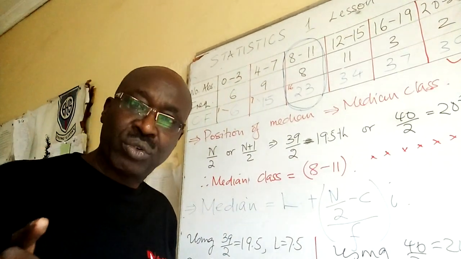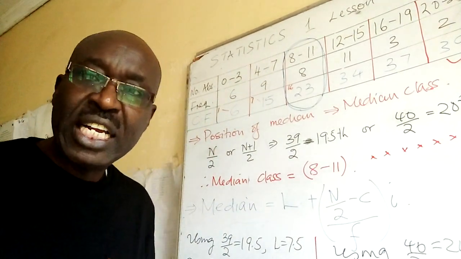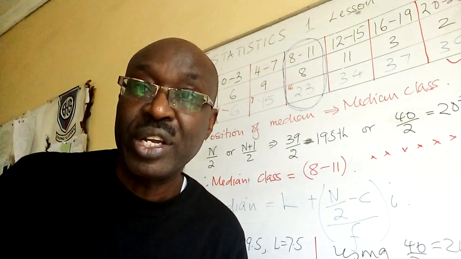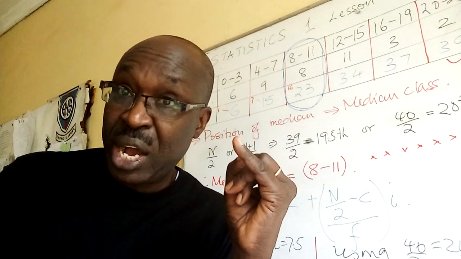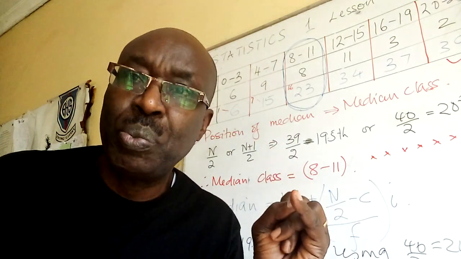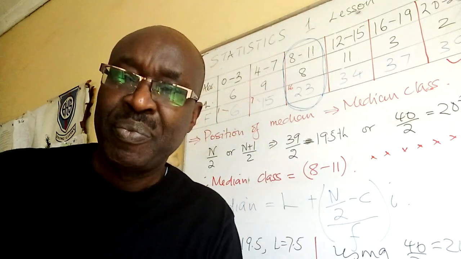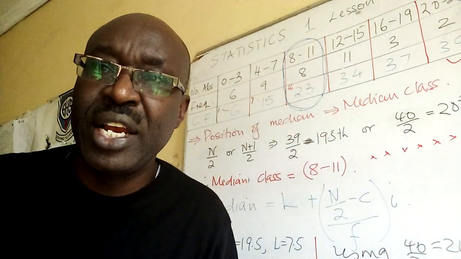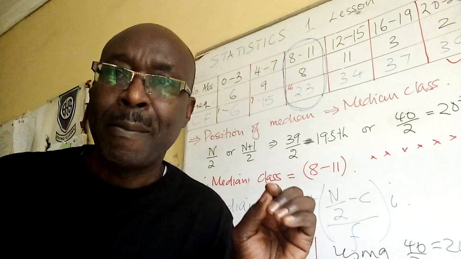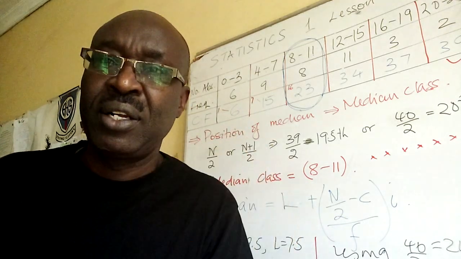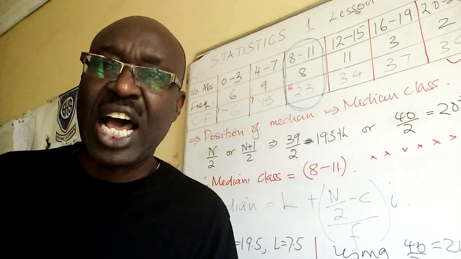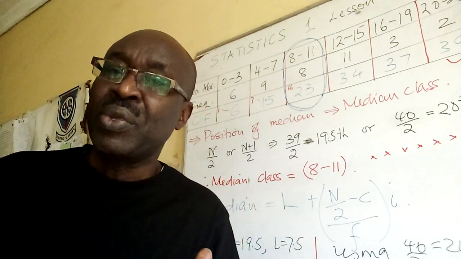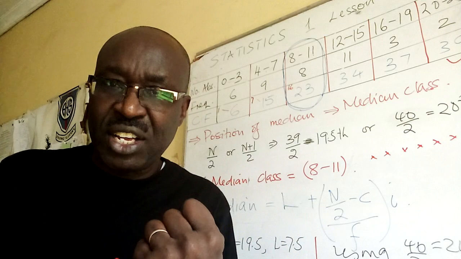I want you to try questions that deal with the median only. Be focused. We are doing median. Remember, in grouped data, arrangement has been done. So you go to key number 2, bullet number 2, position of the median. So we tell you median class. You are able to get the position and then identify the class.